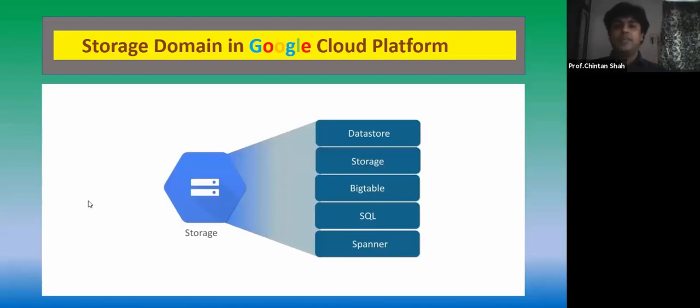I hope you have understood the difference between SQL and Spanner. So these are the 5 services which the storage domain provides: Datastore, Storage, Bigtable, SQL, and Spanner.